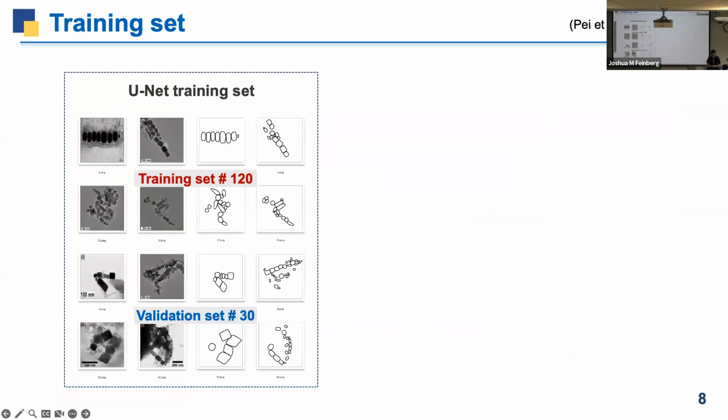First, we need to build a training set. We have TEM images, and I just drew the edges using Adobe Photoshop. If you are an experienced labeler, maybe you need 1 day to finish 100 images.